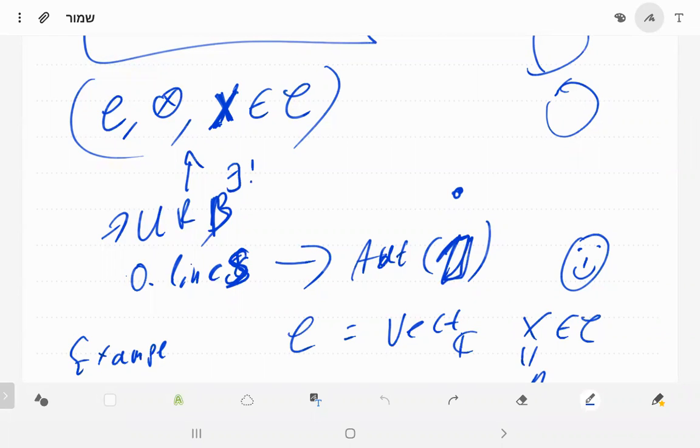What is the unit object in Vect, in our C that's equal to Vect? The field itself, C. Yeah, it's vector spaces over C, so it's the complex numbers. And what are its automorphisms?